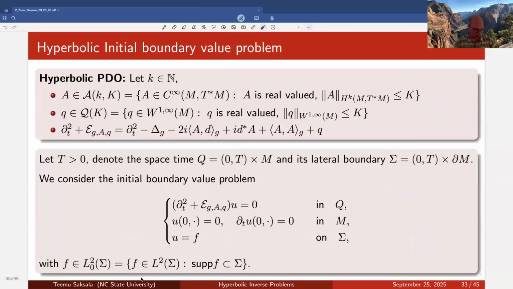Okay, so let's quickly, I think I have 10 minutes, talk about this last problem. This is a different one, because here we are looking at a manifold with boundary.